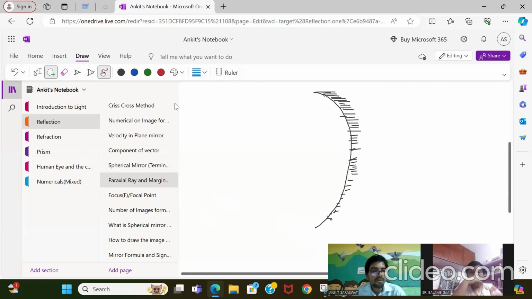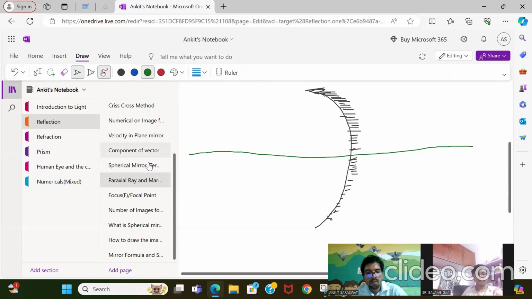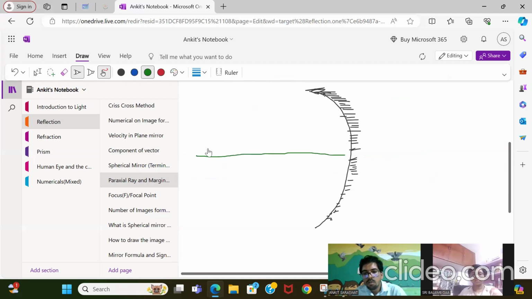This is the principal axis. This is the pole. This is the center of curvature. So I will draw some lines.